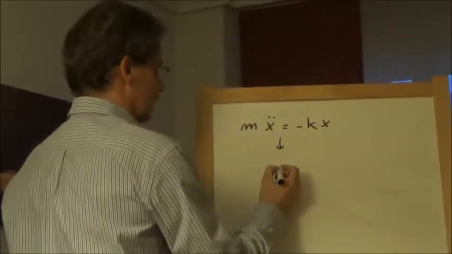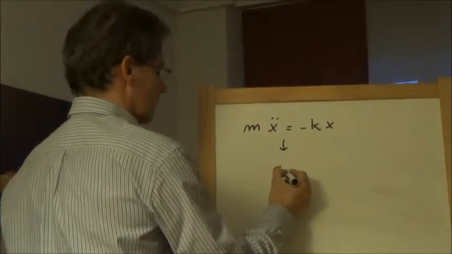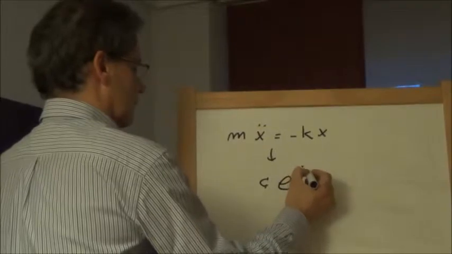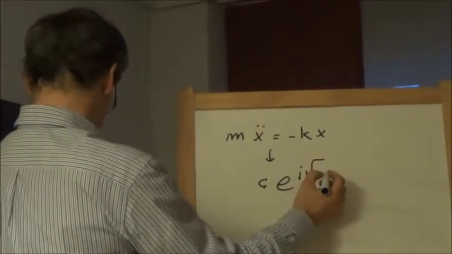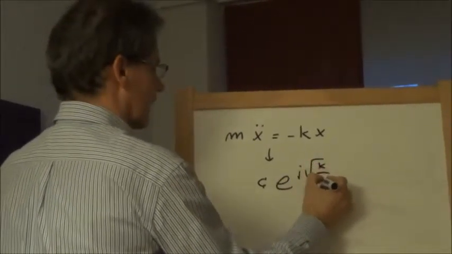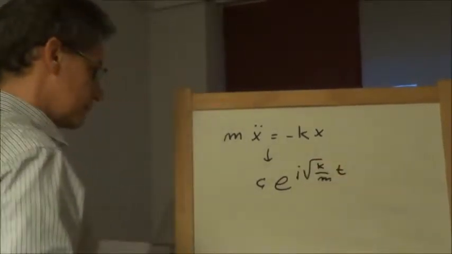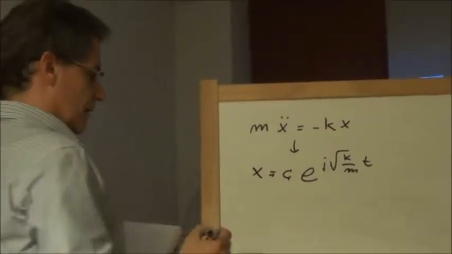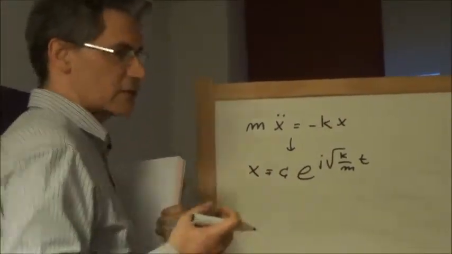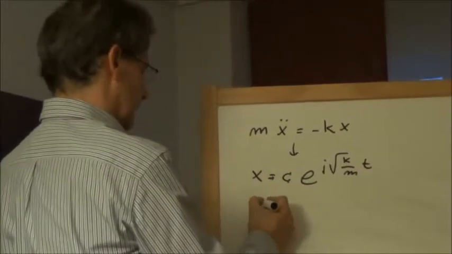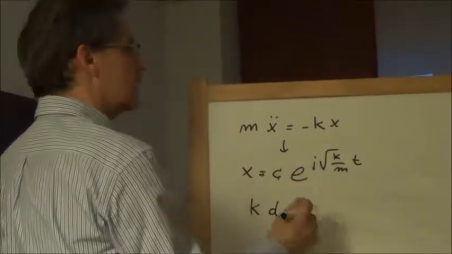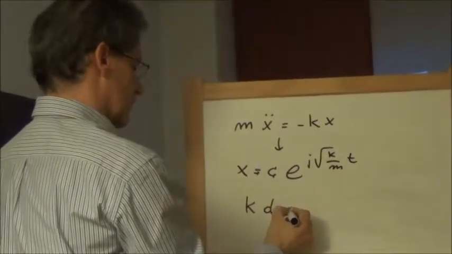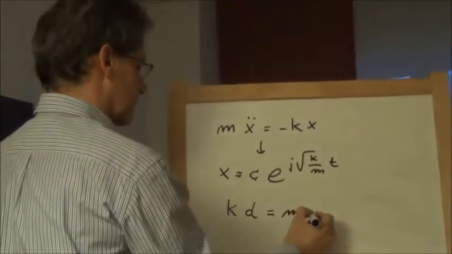This gives a solution of the form some constant times cosine of the square root of k over m times t. This is x. But we also know, because of the constitutive law of the system, that k times d, d being the length of the spring stretch, is equal to mg.